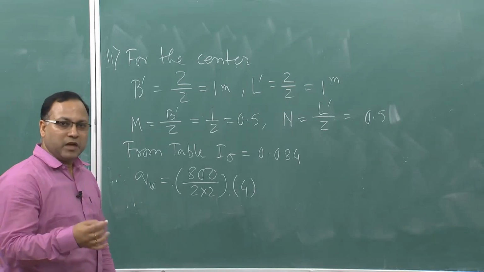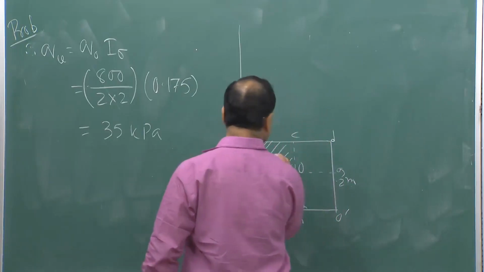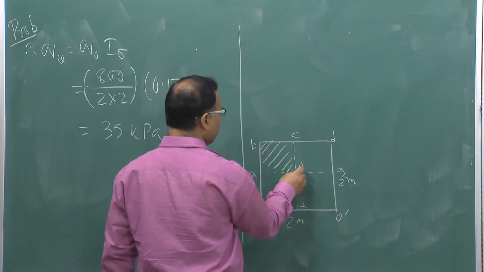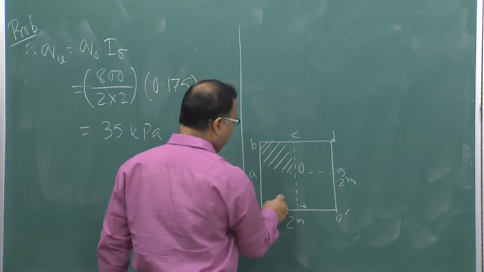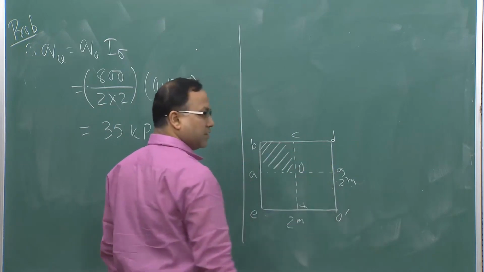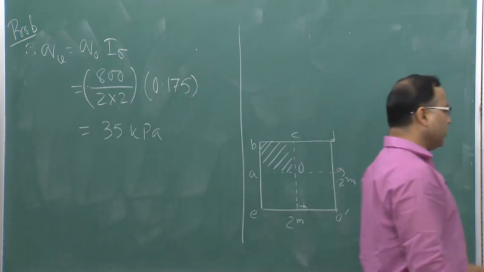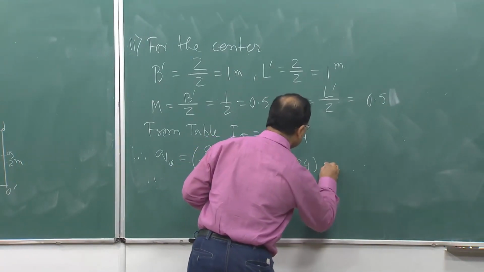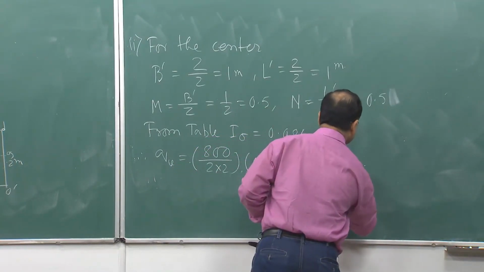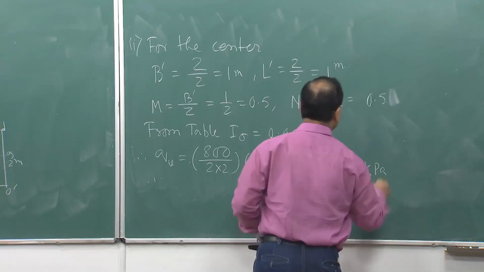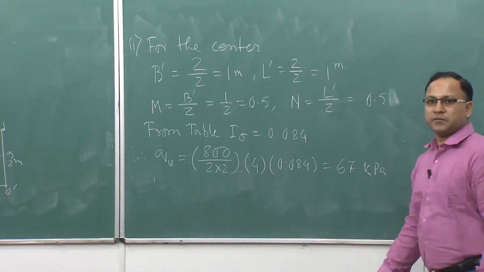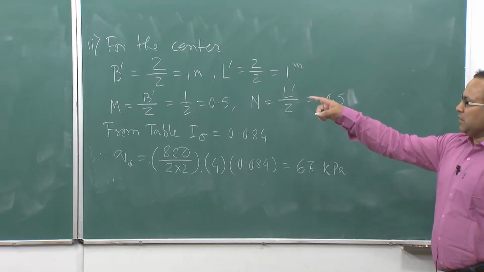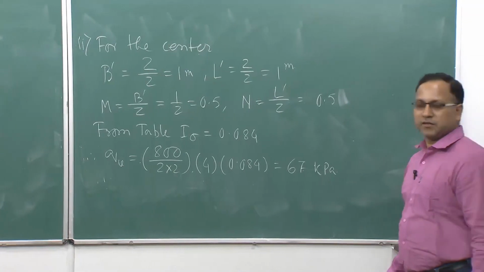So, 4 times you have to multiply to get the total, because this is the pressure. If I do not multiply 4, then I will be getting the pressure due to this area only, but I have all the 4 areas, right. So, I have to multiply with 4. So, 4 into 0.084, that gives me 67 kPa. Significant increase of pressure, that means you are getting higher pressure at the center than the corner, which is quite obvious, right.